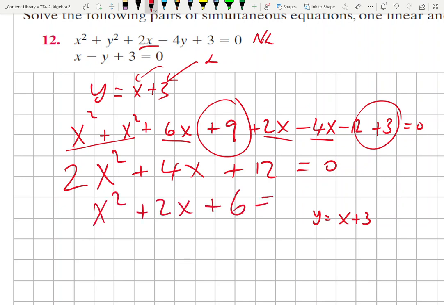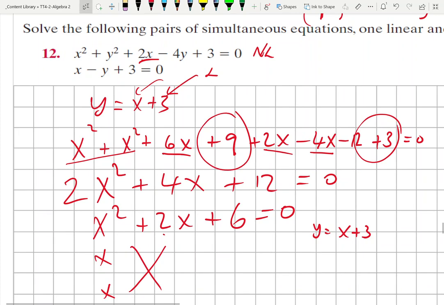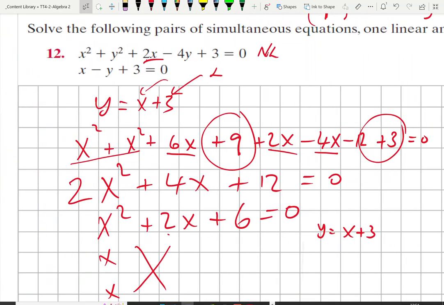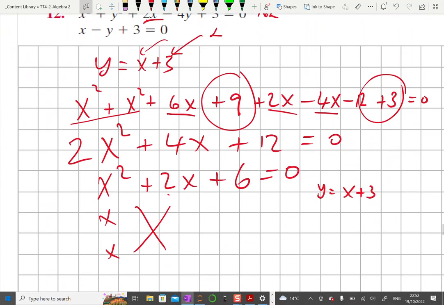Two numbers multiplied to 6 and add to 2. That ain't gonna happen, is it? Which can mean 2 things. I'm not expecting often a third solution. It might be true.